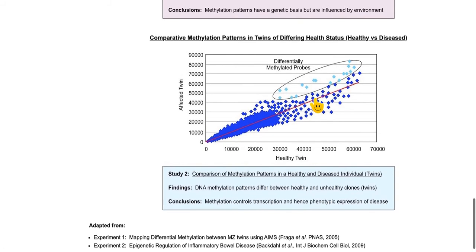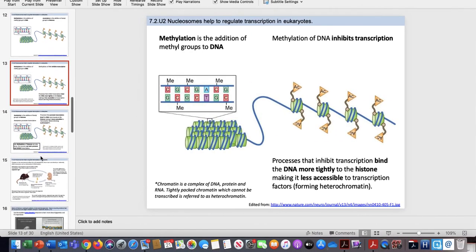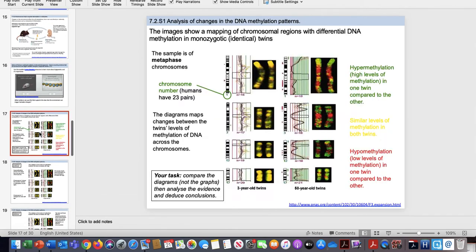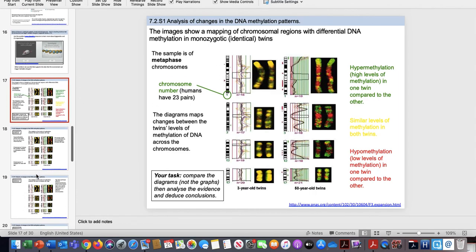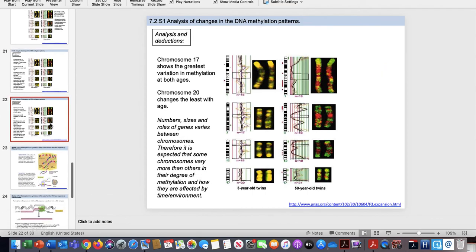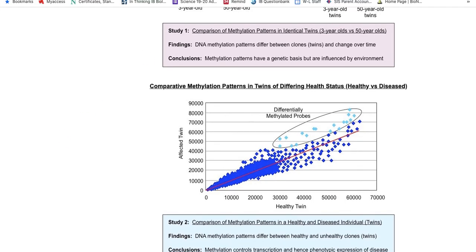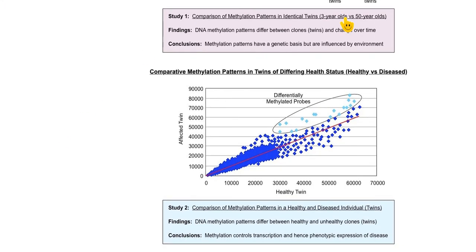Okay. So in your activity, you are going to look at another example of changes in DNA methylation pattern of some twins, and you're going to try to determine what are some of the changes that you see, and then we will discuss what your findings were.